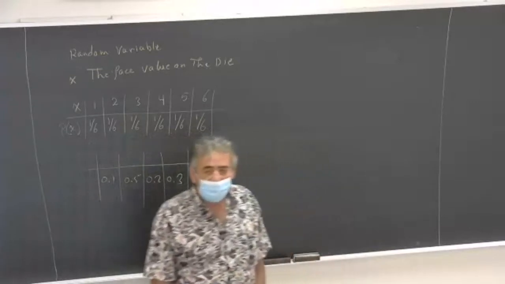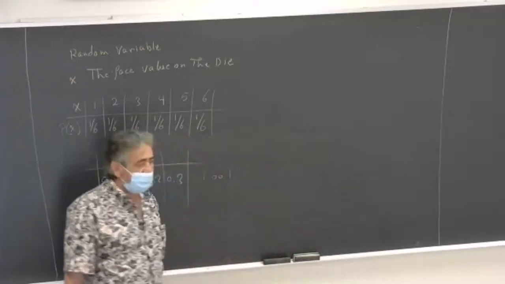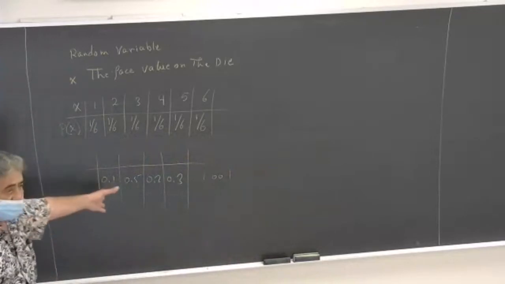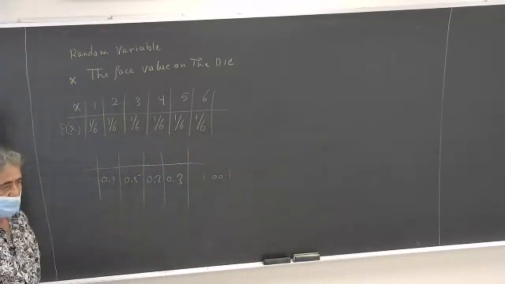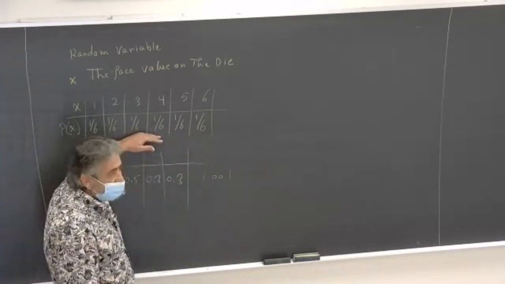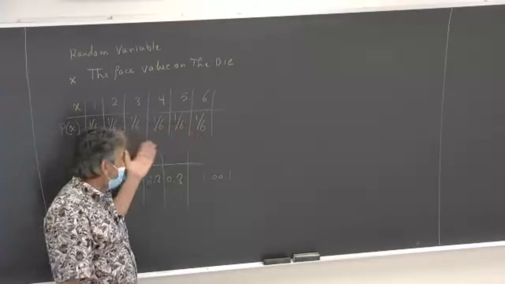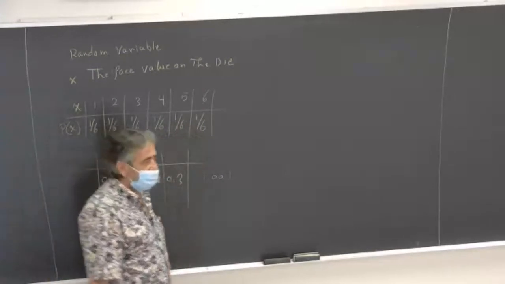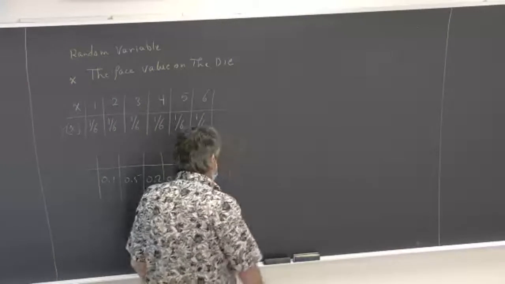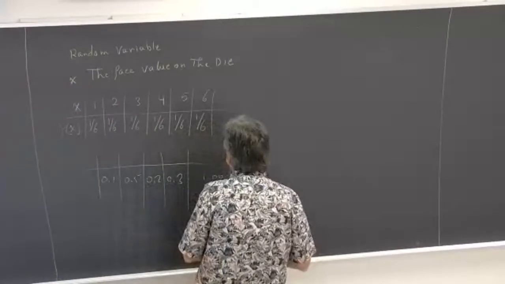This could be a rounding error. Unless it is not a rounding error, then it has to be 1. Yes? So this is not a probability distribution, but this is, because the sum follows the conditions for having a probability distribution. Okay. So for instance, let's go ahead and do another probability distribution.